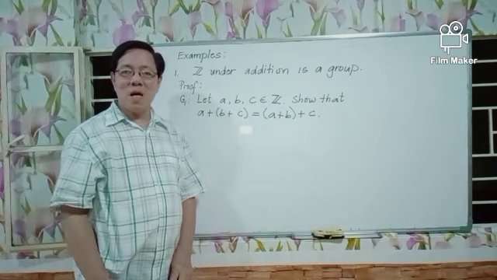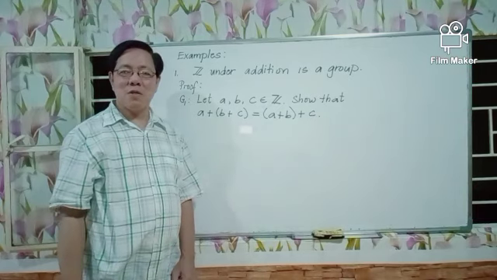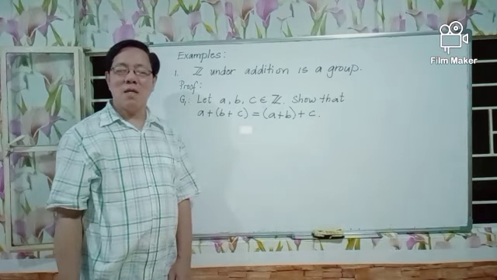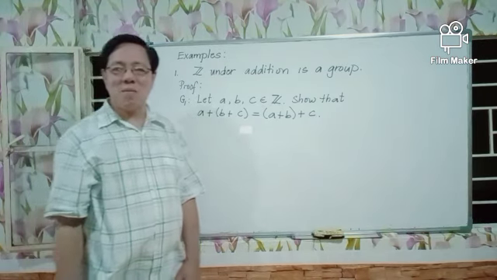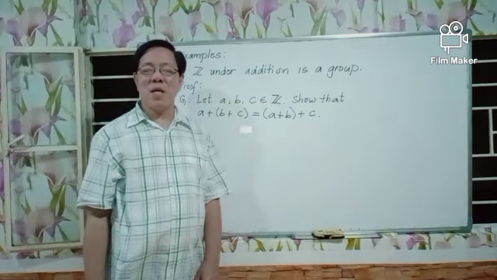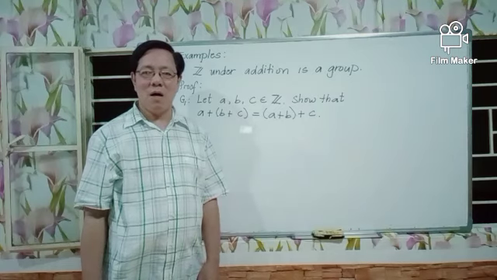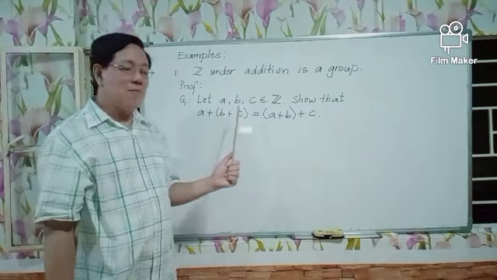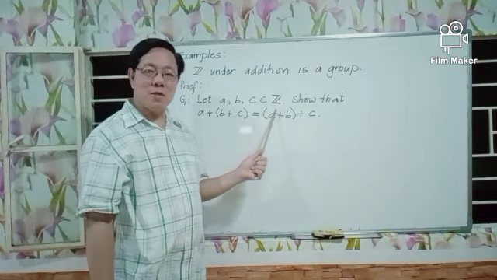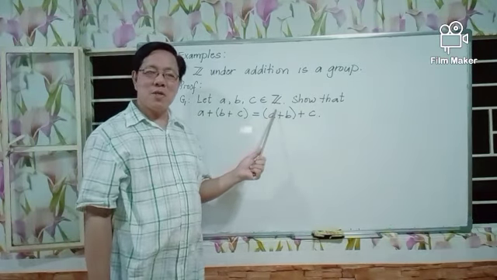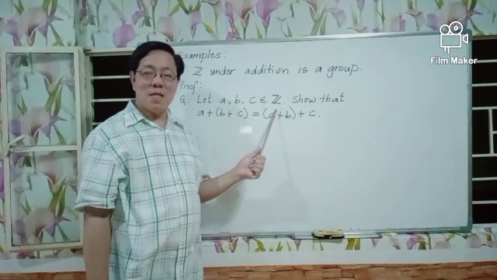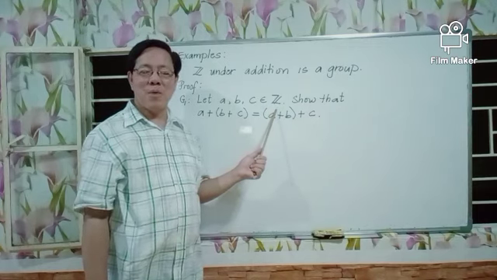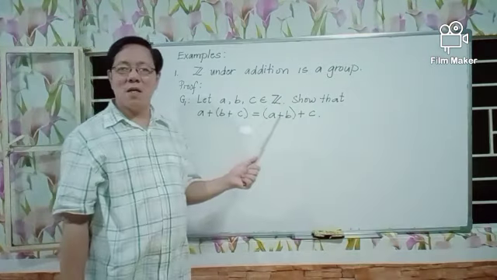Now, we know that the set of integers is only a subset of the set of real numbers denoted by capital R. So if a, b, c are integers and the set of integers is a subset of the set of real numbers, then a, b, c are real numbers.